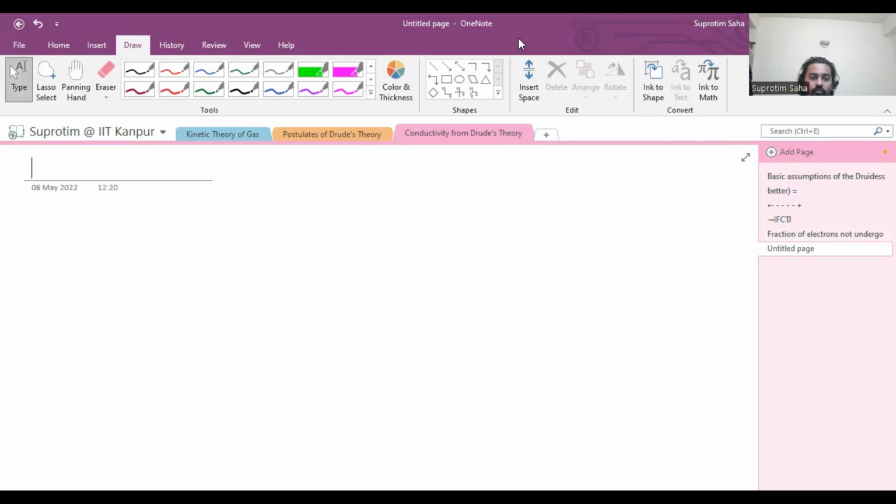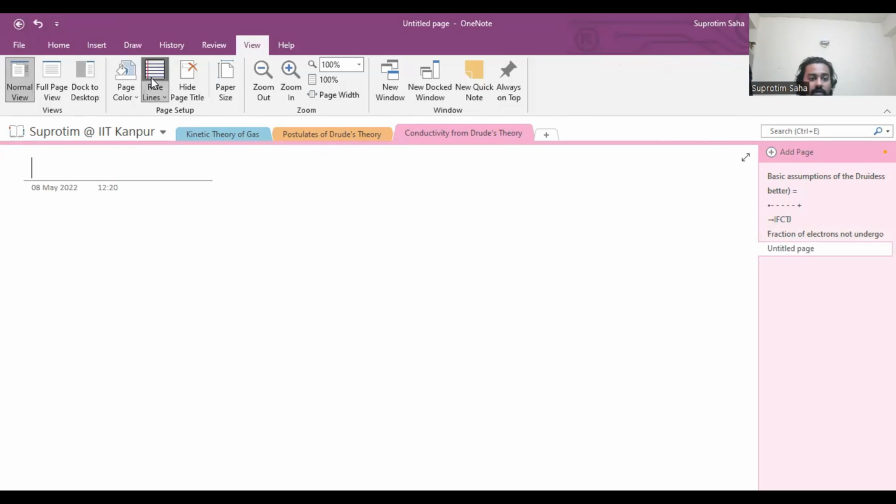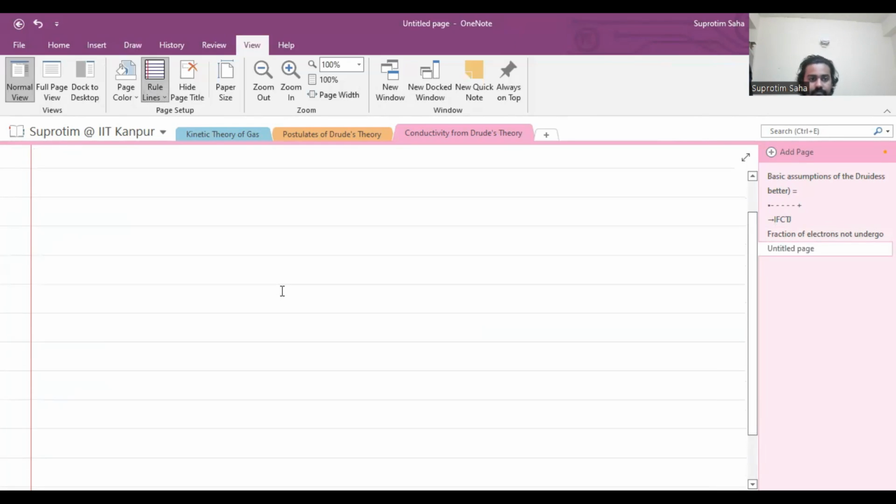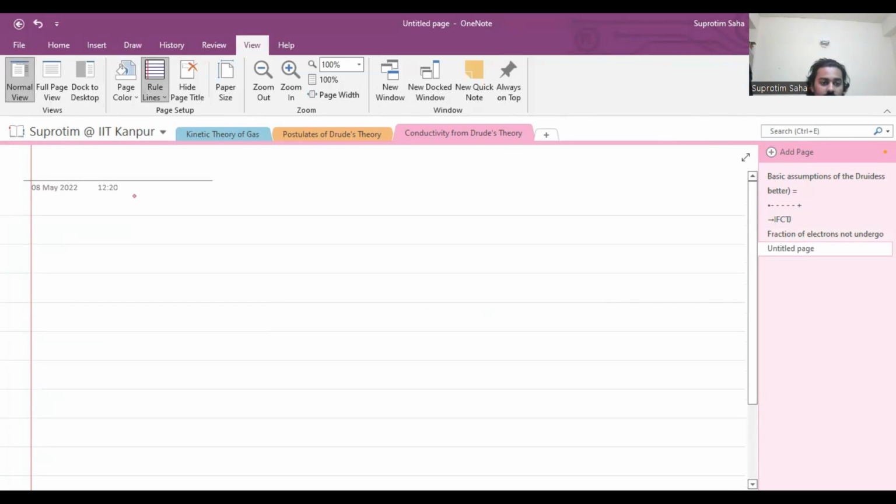Now we are going to specifically review a situation where you apply an electric field. So between two successive collisions of the electron, you apply an electric field. And you want to analyze what happens in case you apply an electric field.